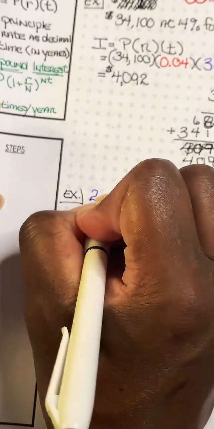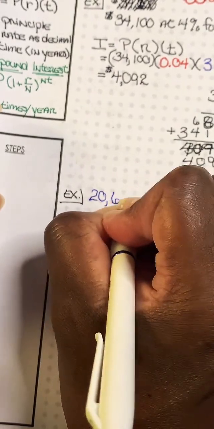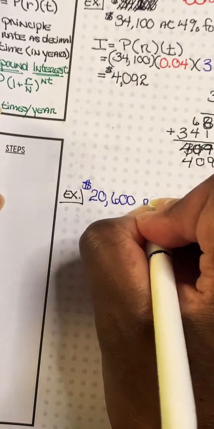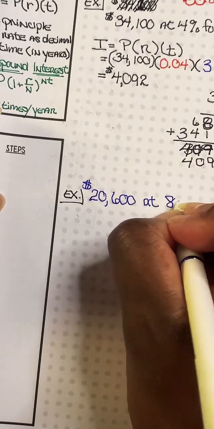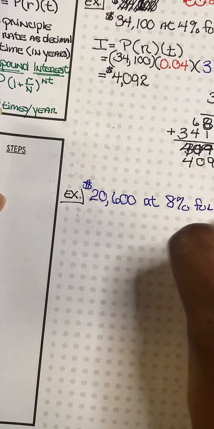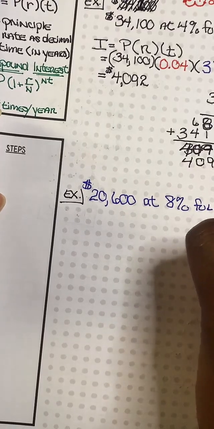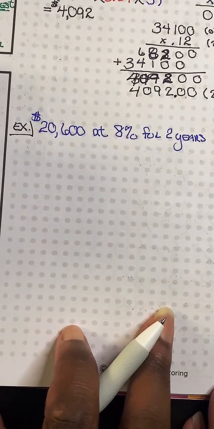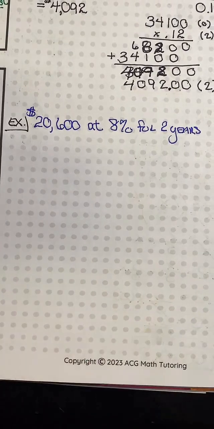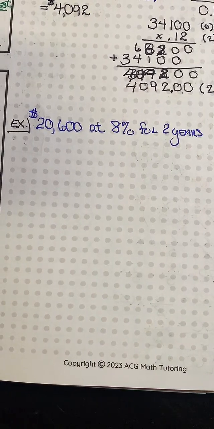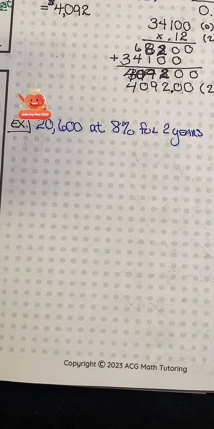So if we have 20,600 and we're doing it at 8% for 2 years. So this time our principal is 20,600. We're looking at 8% for 2 years.